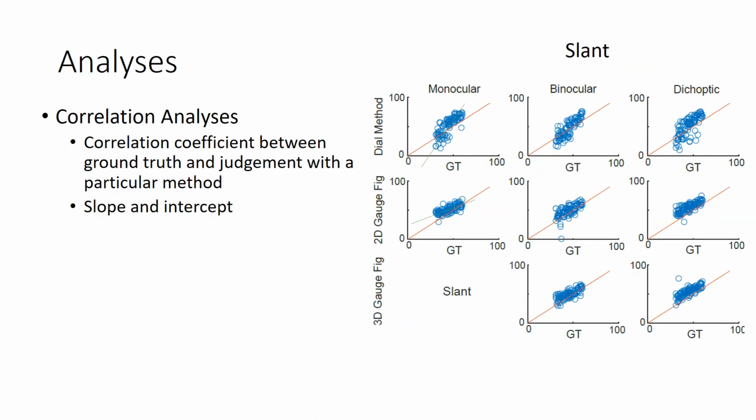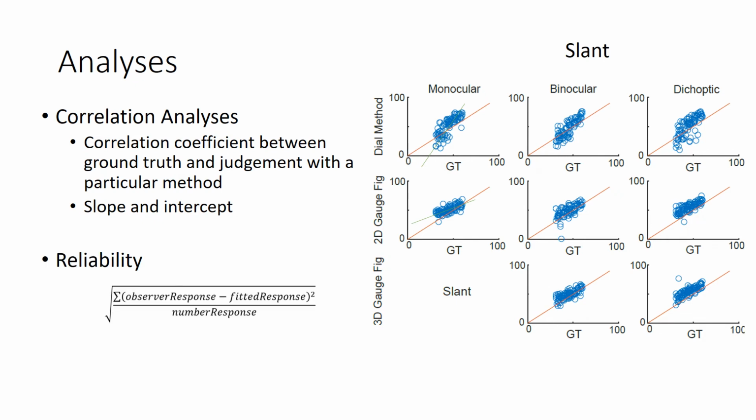We also did analysis for the reliability of each condition. Reliability, the root mean square of the difference between observer's response and fitted responses from the correlation analysis. This measure will tell us the level of inconsistency in observers' responses to the same ground truth.